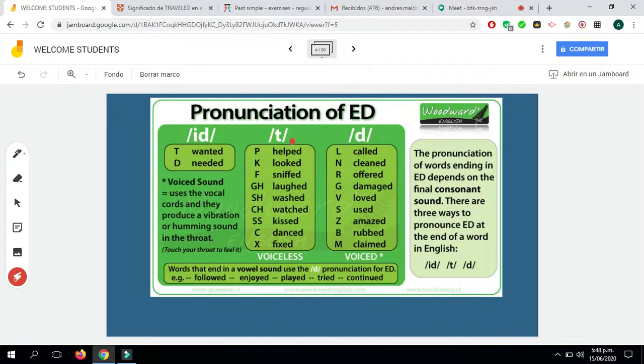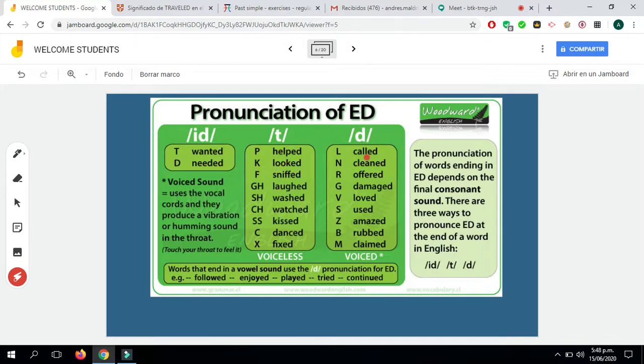You say, I helped, like pronouncing a T at the end, como pronunciando el sonido de la T al final, okay? You say helped, looked, sniffed, laughed, washed, watched, kissed, danced, fixed. You know, like pronouncing a T at the end, okay? This is the pronunciation of these words that finish in P, K, F, okay? You need to analyze this.